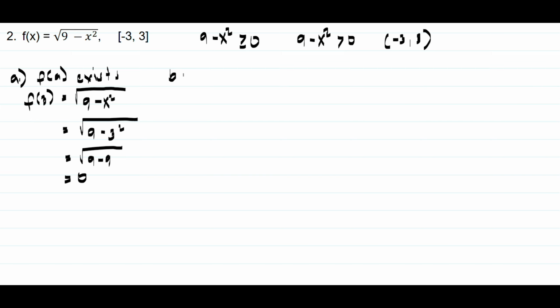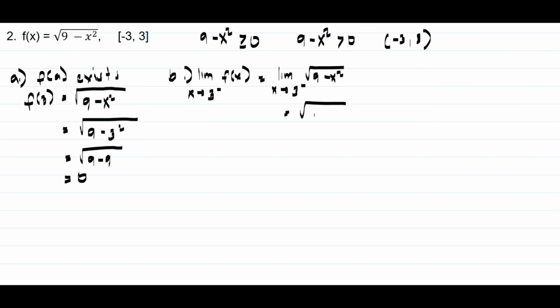And then let us have the limit of f of x as x approaches 3 from the left, which is the limit of square root of 9 minus x squared as x approaches 3 from the left.